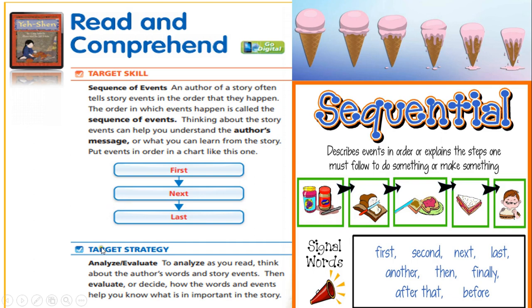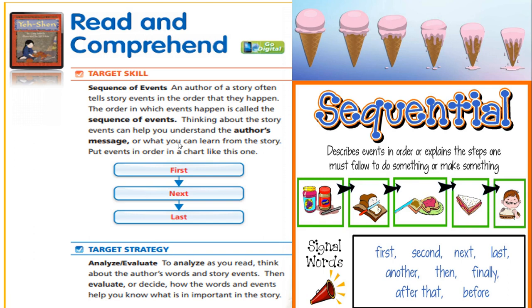Okay, the target strategy is to analyze and evaluate. To analyze, as you read, think about the author's words and story events. Then evaluate, or decide how the words and events help you know what is important in the story. The author will mention a lot of stuff, everything that happened, and some extra details.